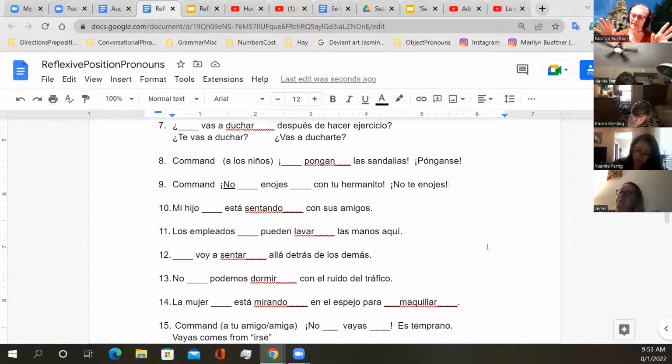No te enojes. But I must put it in front of the verb because it's a negative command. Negative commands, the pronoun must be in front of the verb. No choice about doing a flip-flop. Affirmative commands, pronouns have to be tagged on. You don't get a choice. Okay.